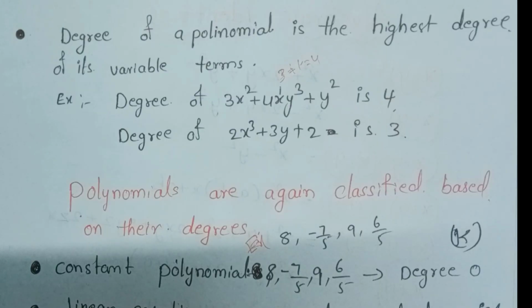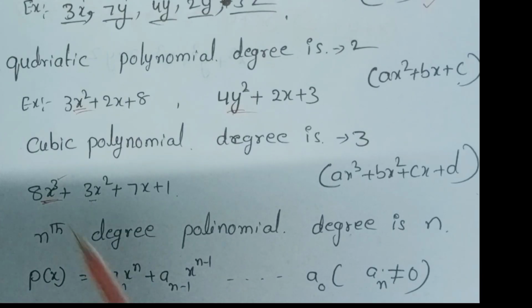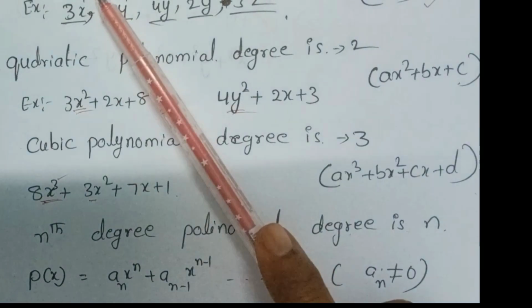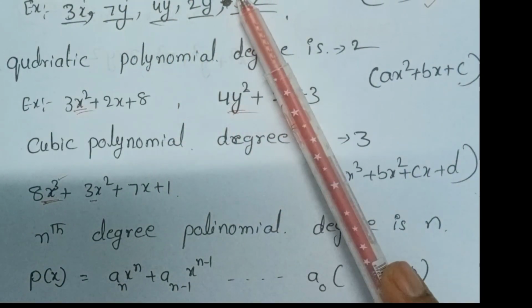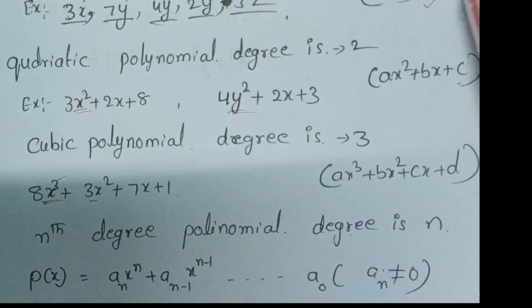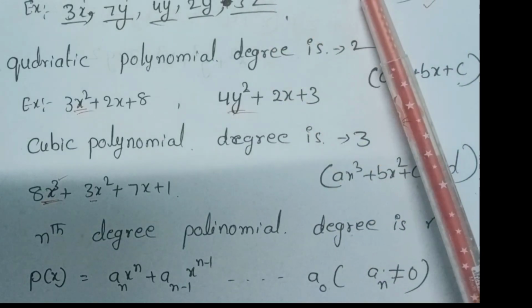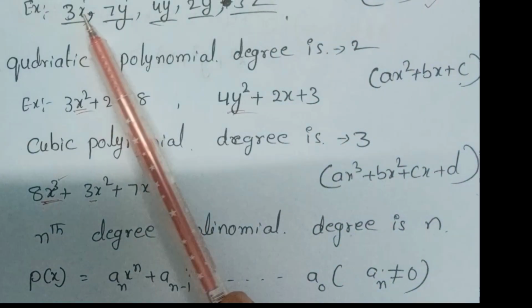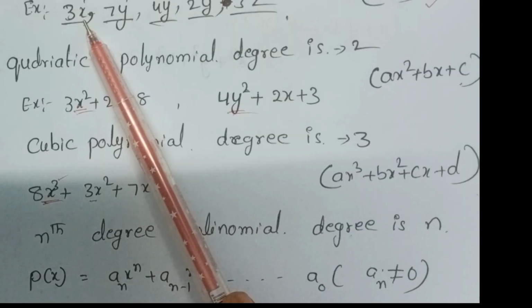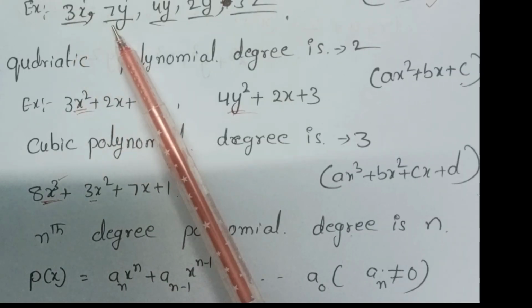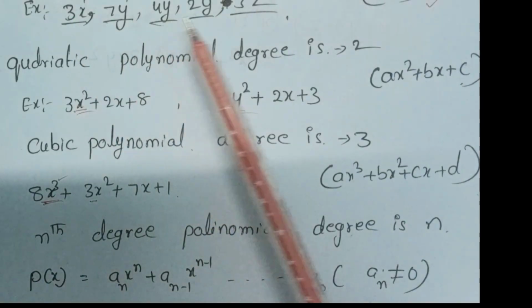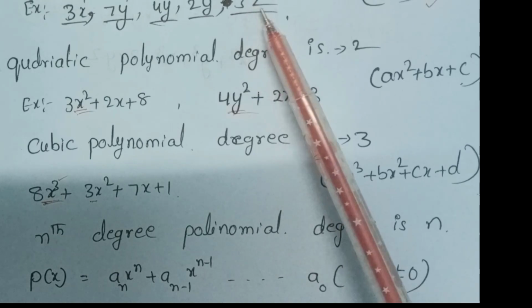Next one is the linear or monic polynomial, degree is 1. What is a monic polynomial? In this polynomial the degree is only 1. 3x, 7y, 4y, 2y, 3z.